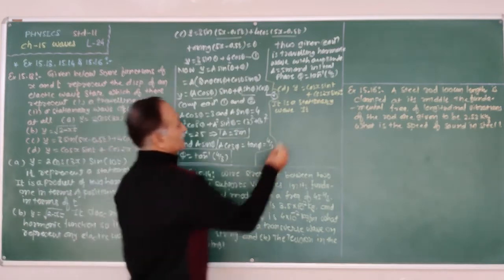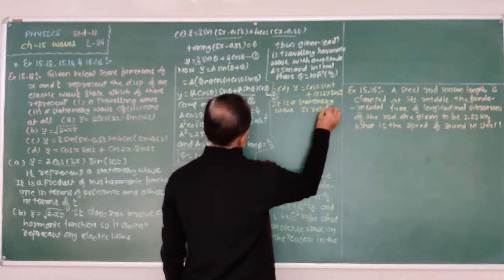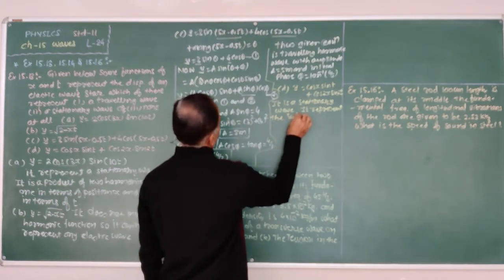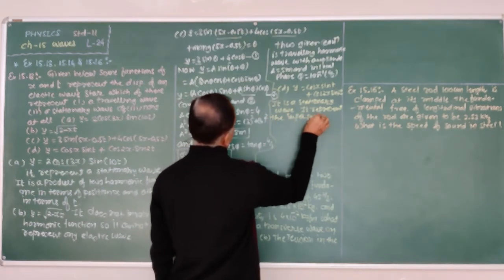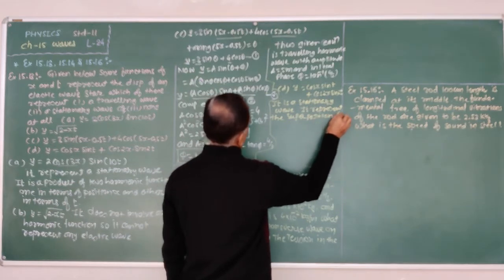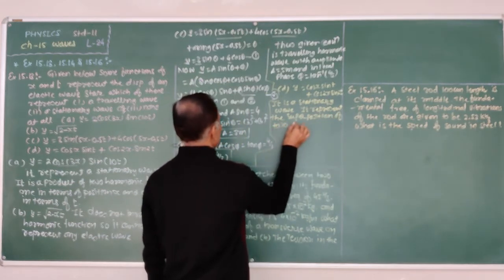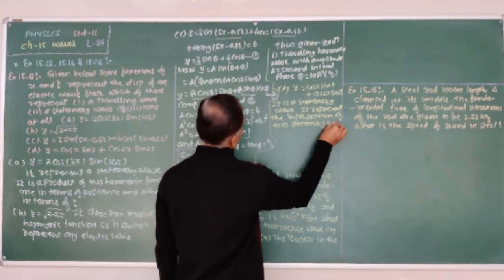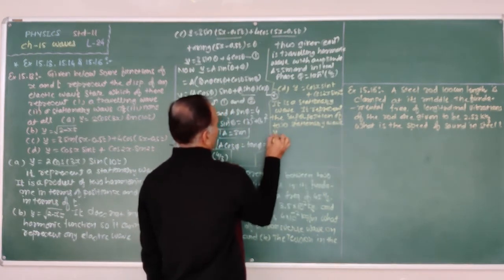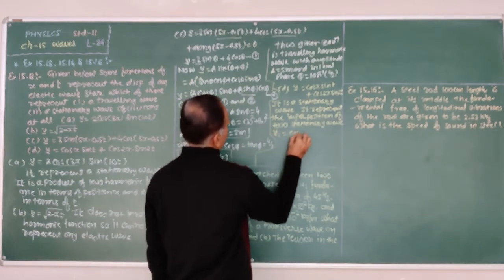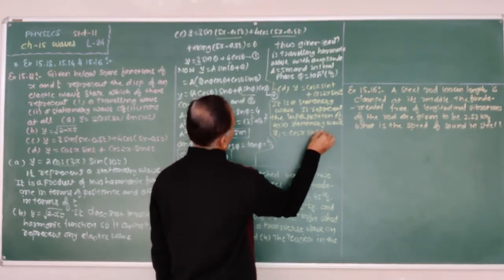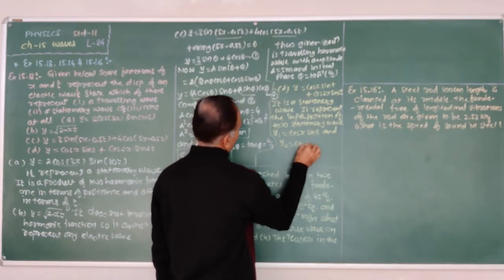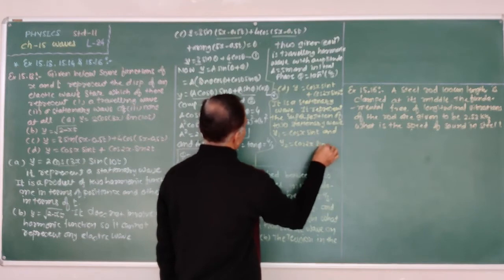Now it represents the superposition of two stationary waves, y1 is equal to cos x sin t and y2 is equal to cos 2x sin 2t.